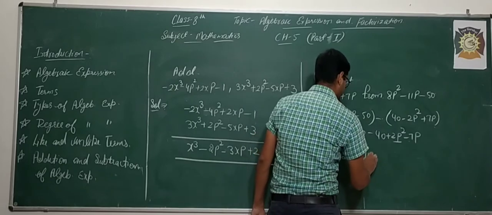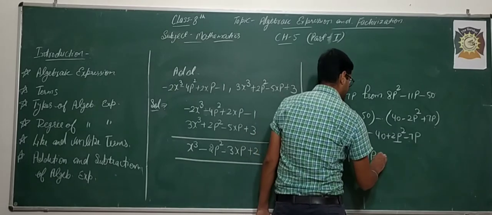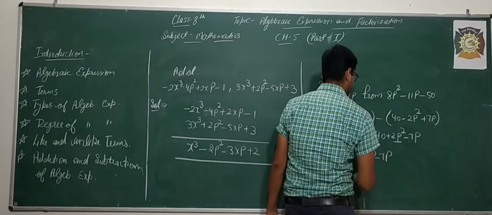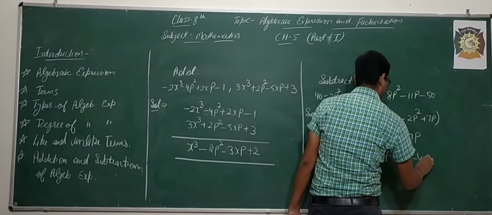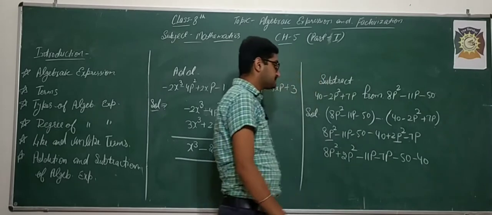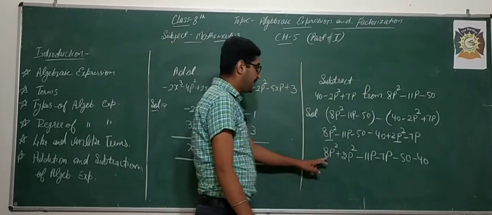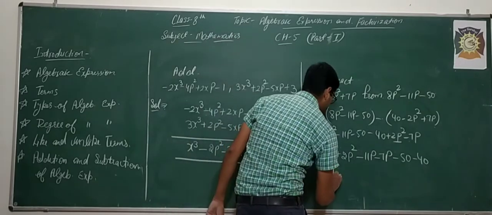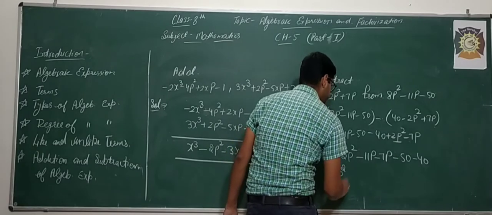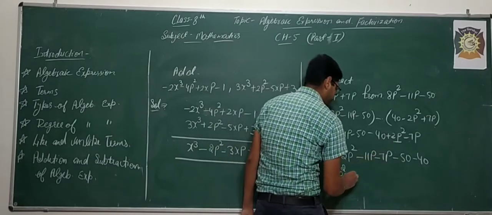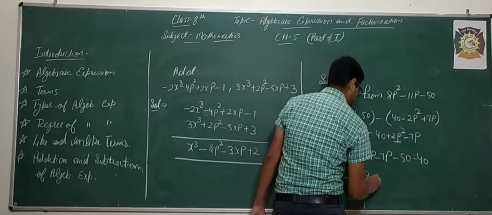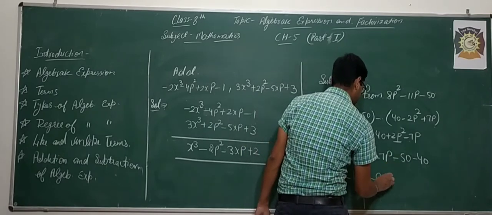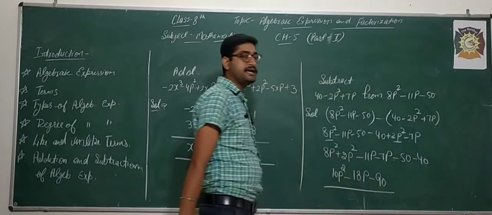After that minus 11p and minus 7p, these are the like terms, and minus 50 and minus 40, these are the like terms. Now 8p square plus 2p square, this is 10p square, minus 11p minus 7p, this is minus 18p, and minus 50 minus 40, this is minus 90.